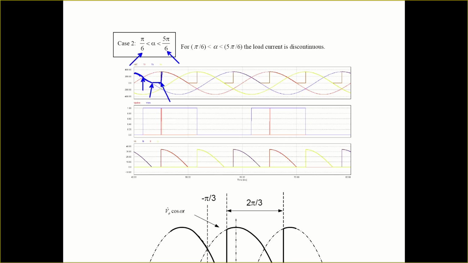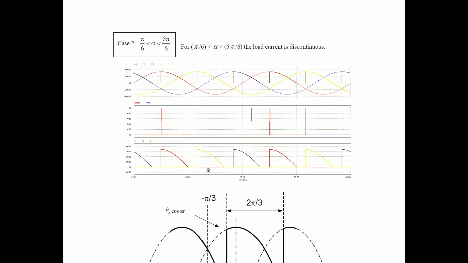So that's why we have this discontinuous operation, discontinuous of the current and voltage. Okay, so you need to understand theoretically, and you can prove that by using the simulation.